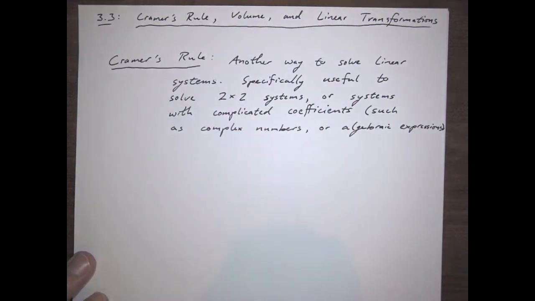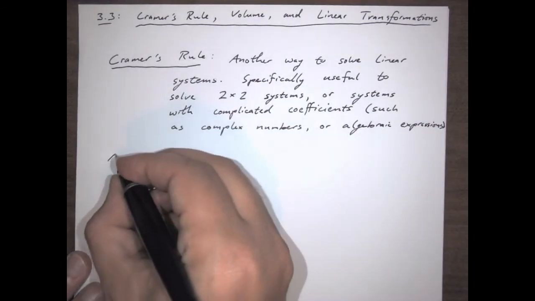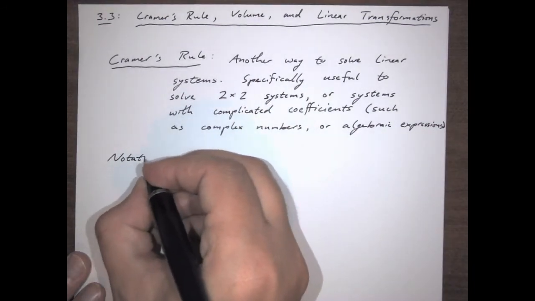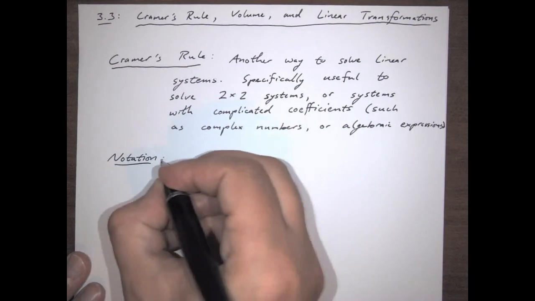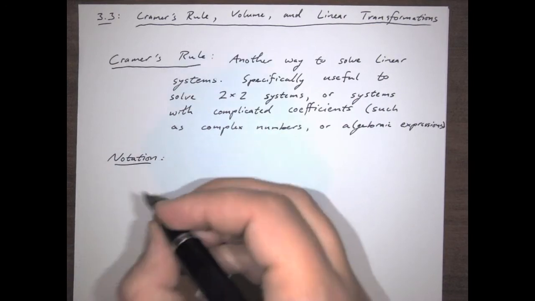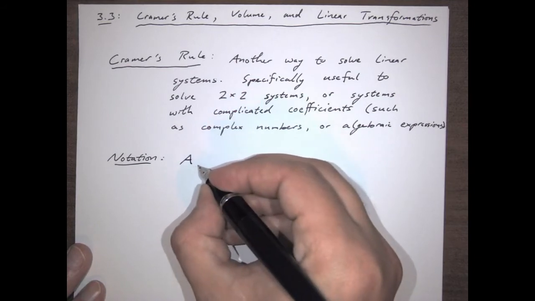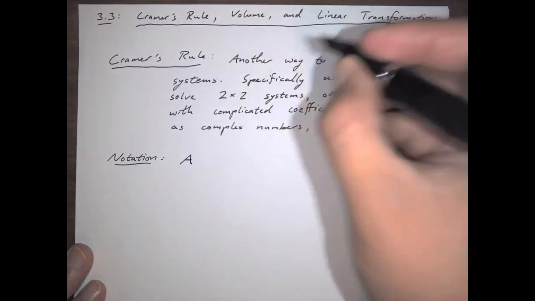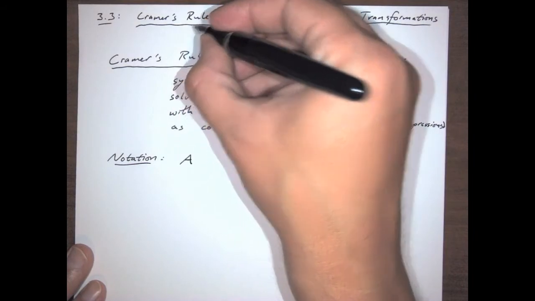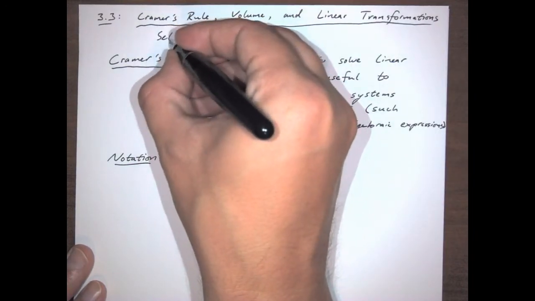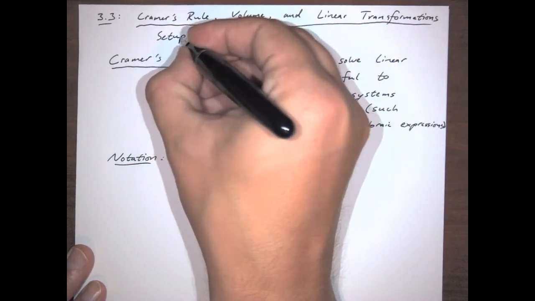So here's how it works. Some notation. I guess we should say up here, the setup for this whole section is that A is n by n.